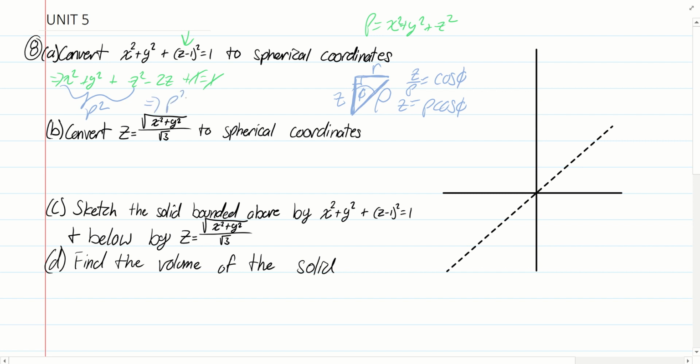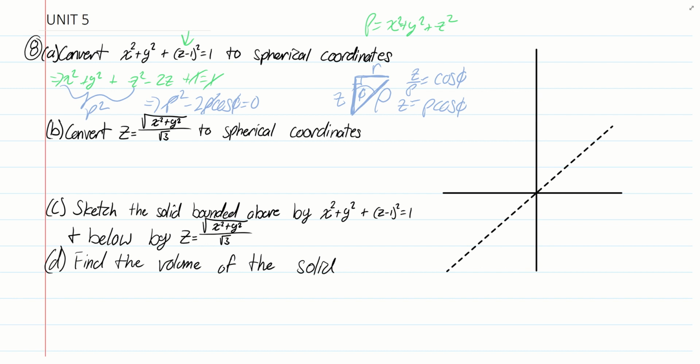So now this becomes rho squared minus 2 rho cosine phi equals 0. And now I can cancel out one of those rho's. Don't worry about canceling them out. We already have rho equal to 0 as a point on this graph, so we don't need to label it.